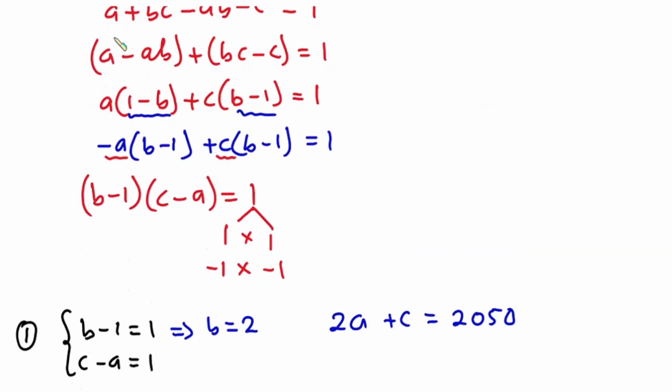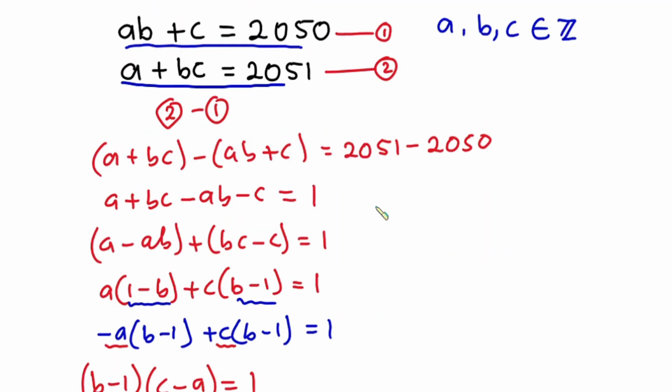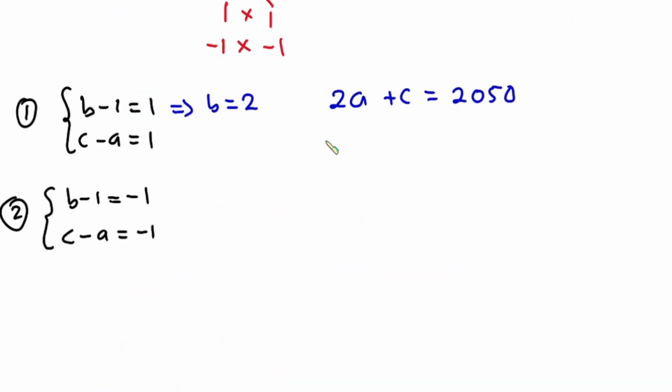Then from the second equation, which is equation 2, when b is equal to 2, we have a plus 2c is equal to 2051. And now with these two equations, we can solve for a and c. Let's go ahead and then call this equation star, and then call this equation hash.